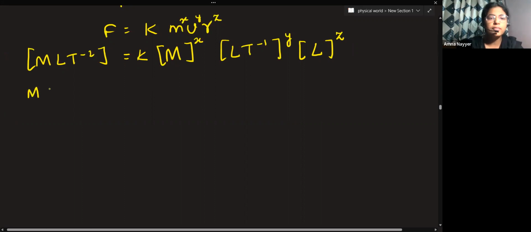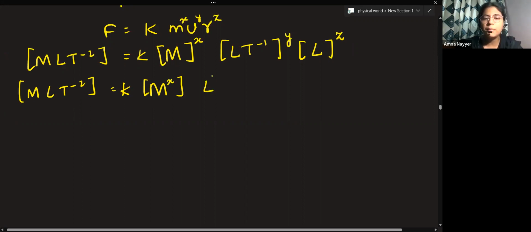For example, you have M L T to the power minus 2 over here. This was k. Now the power of M becomes M to the power x, L to the power y, T to the power minus y. What did we do? We just multiplied it with the power. Why?